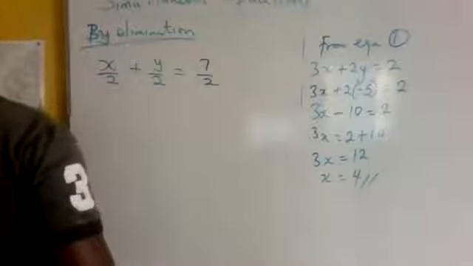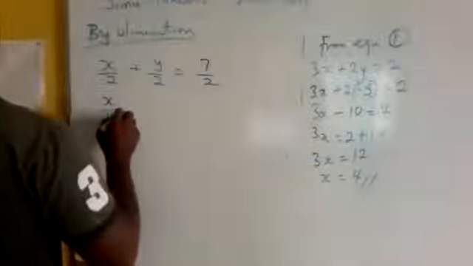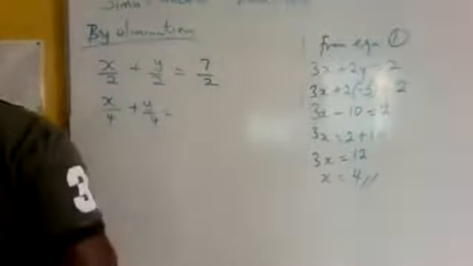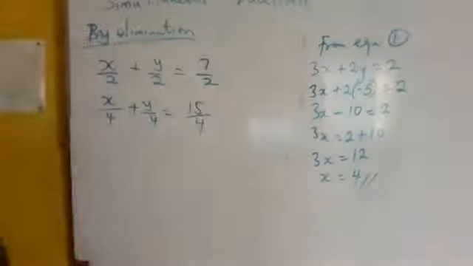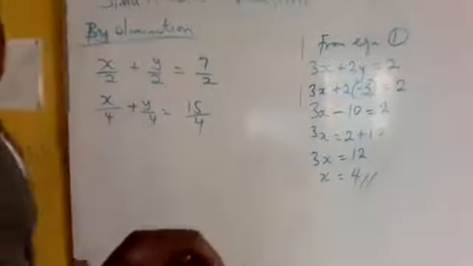And then you have x over 4 plus y over 4 is equals to 15 over 4. We have less than 10 minutes to the end of this class, so let's make it count.